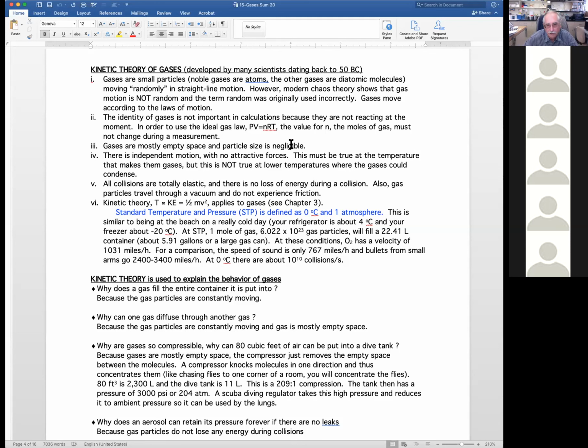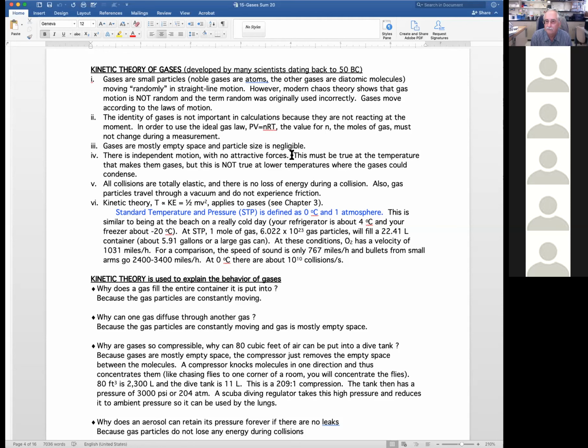Gases are mostly empty space. The particle size is negligible. There's independent motion with no attractive forces. So that must be true at the temperature that they exist as a gas, but it might not be true at lower temperatures, right? Right now, our humidity is not 0, so there's water vapor out there.